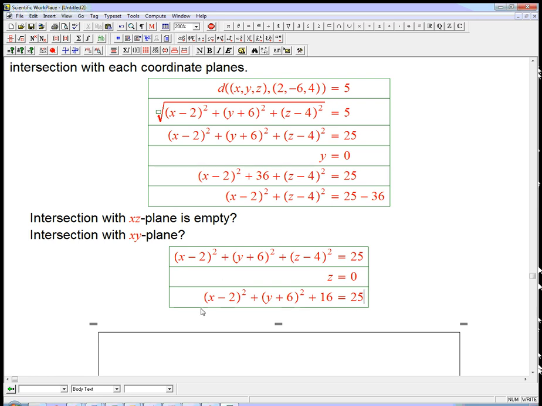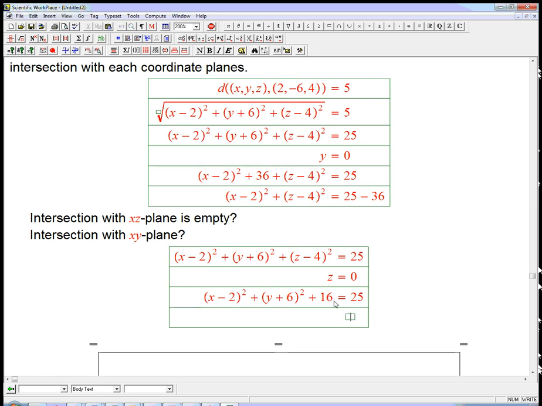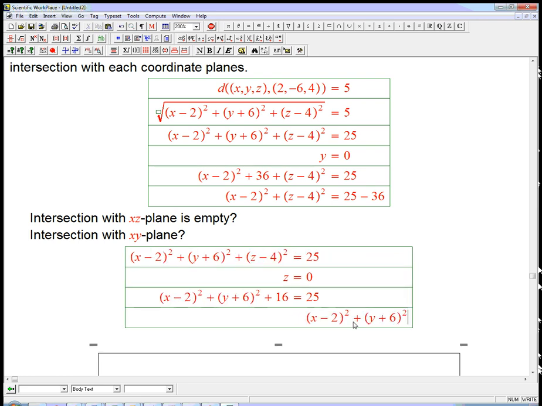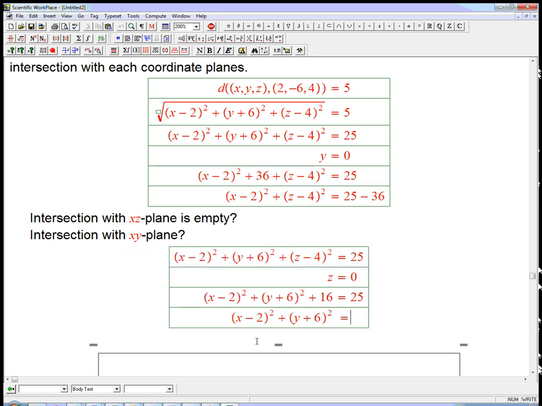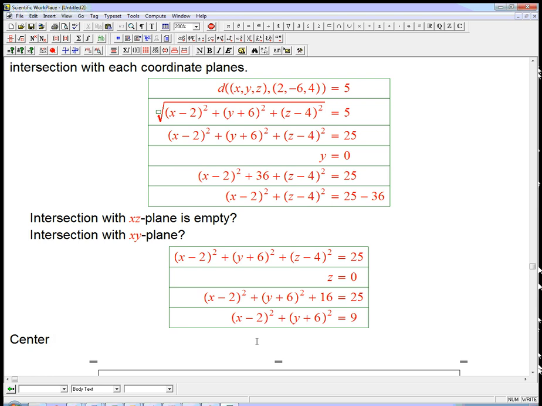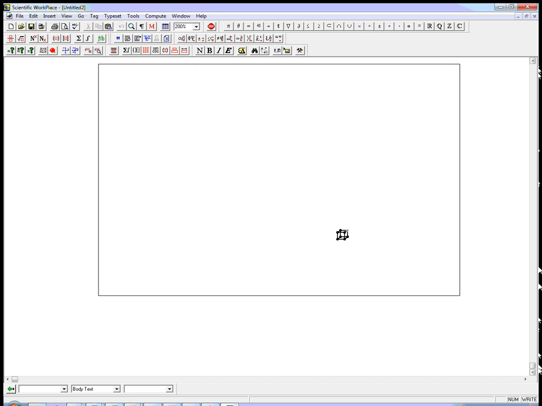That's going to describe some curve in the x and y plane. And now it's not just empty. It's not just impossible. Because over here we get 9. Oh, that's definitely a circle with the center being, surprise, surprise, 2 comma minus 6. That's just the projection of the center of the sphere. Let's see if the sphere will come back to me or not.